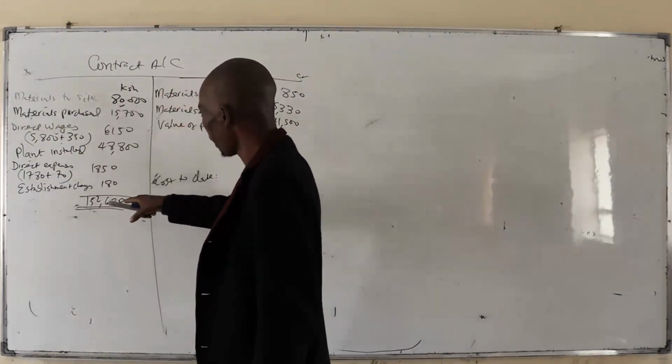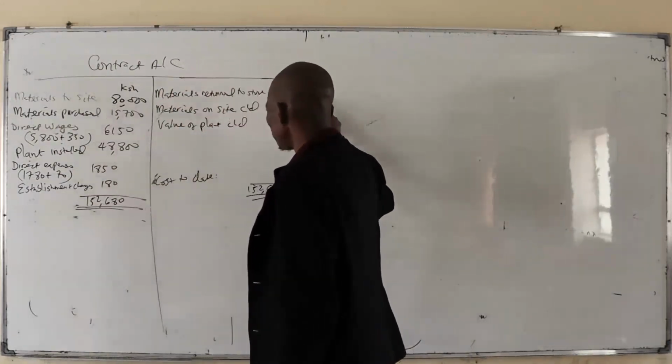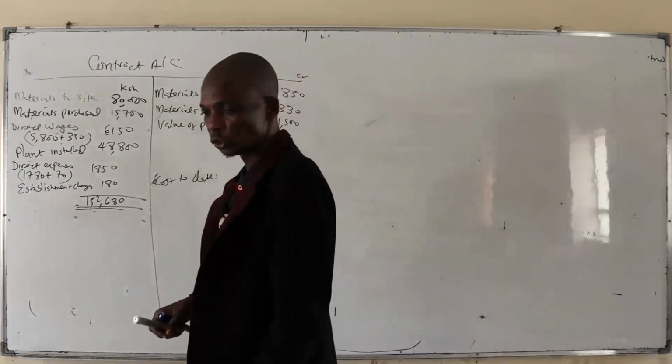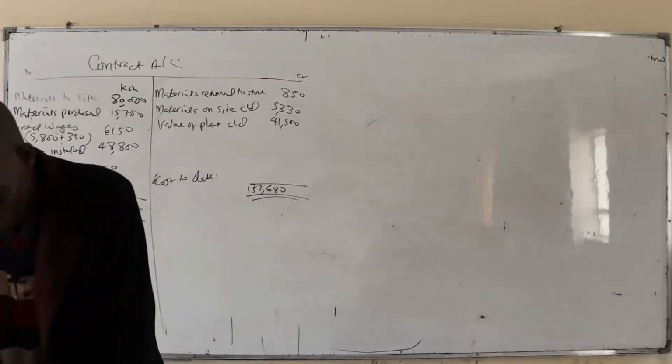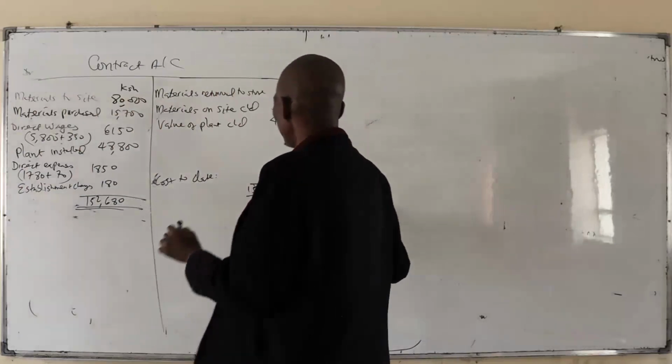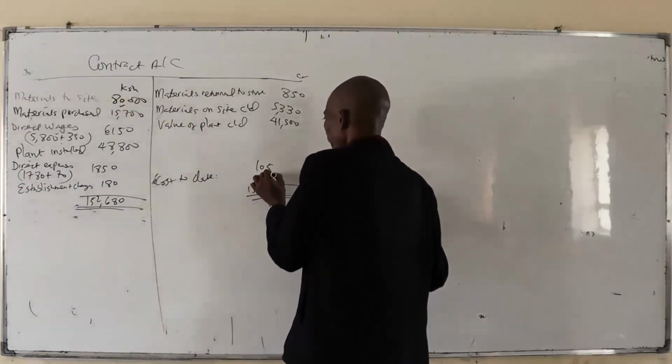If you add all those, they come to that. But if you subtract these items which are credited, the difference gives you the cost to date, the cost that has been incurred for this contract up to this moment. The difference is 105,000.